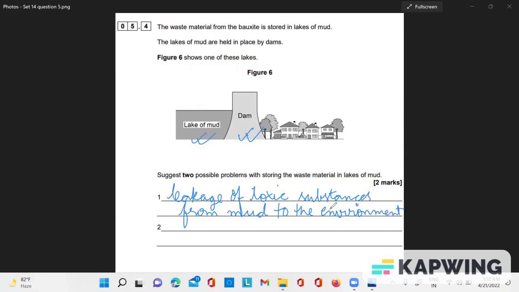The second problem that can arise is that it can cause water pollution, since there is a nearby lake. So these are the two possible problems that can take place if we store the waste material in lakes of mud.